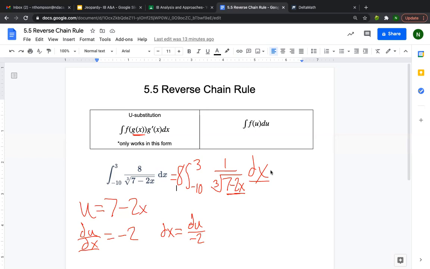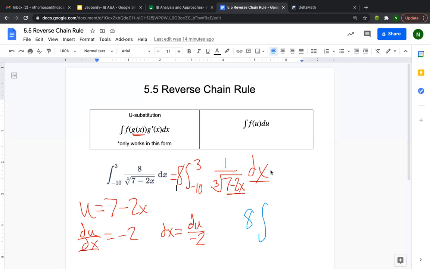So I'll switch colors for that. So what we end up getting is 8 times the integral, but that means I have to redefine these numbers. So now -10, if I'm going to turn that into u, I have to plug it in for the u formula.